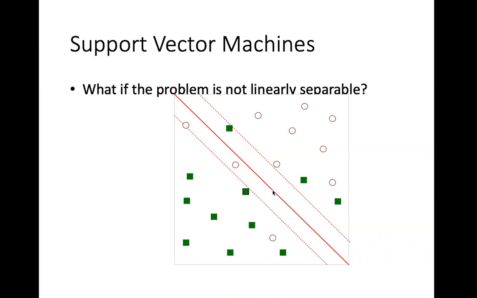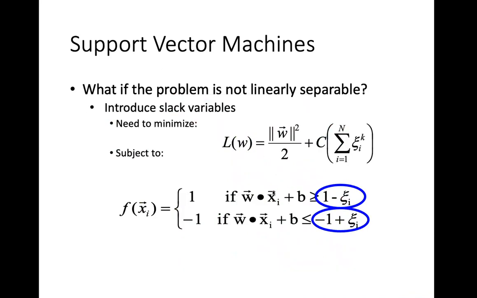Now, the question which people ask is: what if the problem is not linearly separable? For that also there is something called the kernel trick. By introducing some additional set of variables, you are projecting these points into a higher dimensional plane.